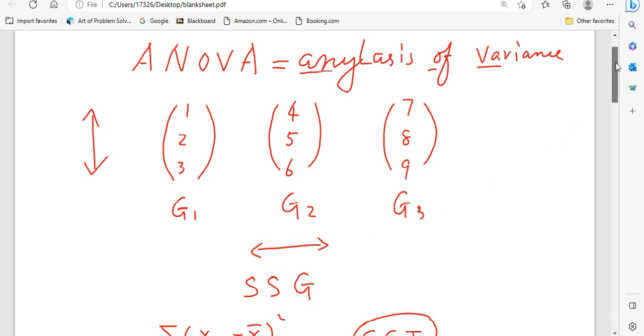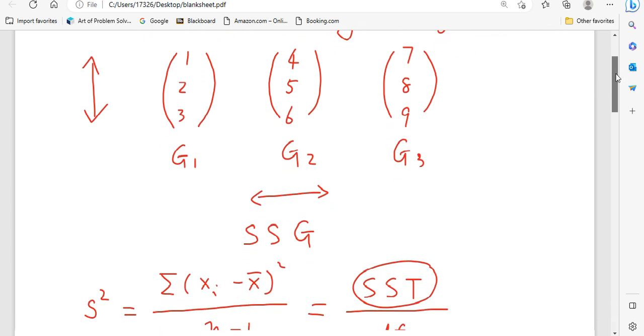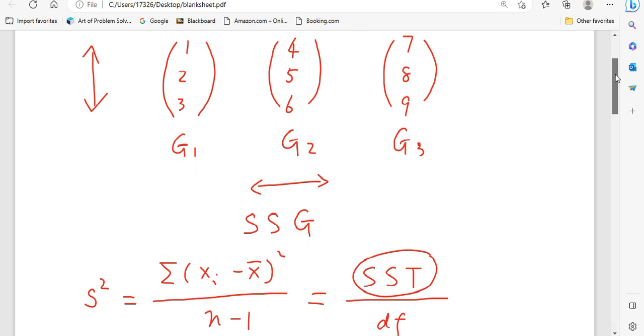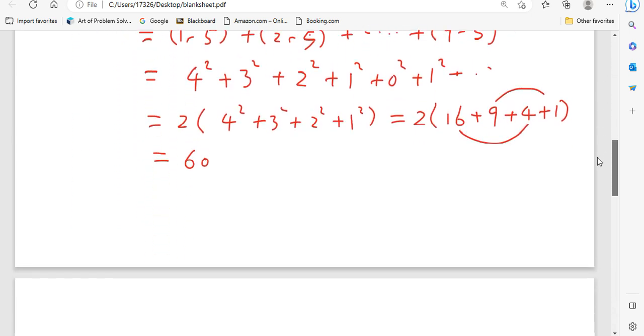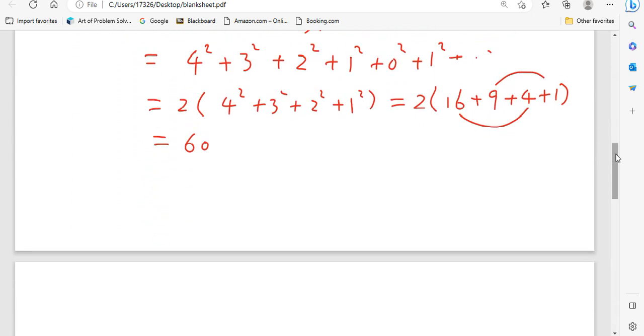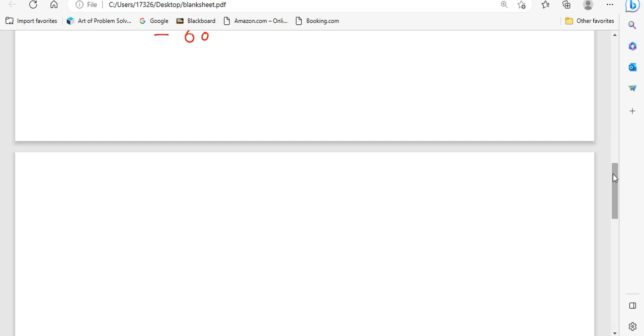So if we want to guarantee no change, we replace 1, 2, 3 with 2, 2, 2, and here just 5, 5, 5.